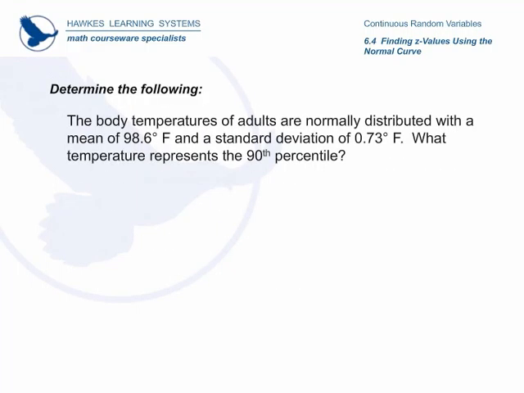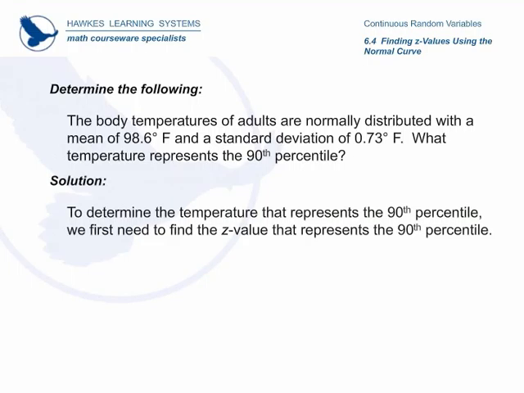Now let's take a look at a real-life example. Determine the following. The body temperatures of adults are normally distributed with a mean of 98.6 degrees Fahrenheit and a standard deviation of 0.73 degrees Fahrenheit. So our question is, what temperature represents the 90th percentile?